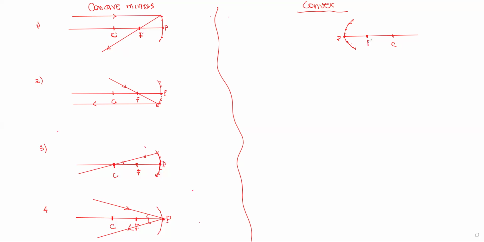So this is F. All right. So a ray of light, let me extend the principal axis to the other end so we can draw our parallel lines better.